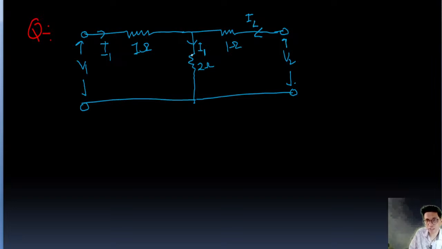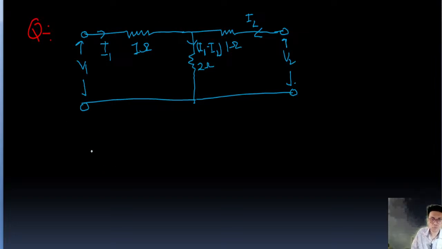So this is I1 current, this is I2 current, and this is I1 minus I2.